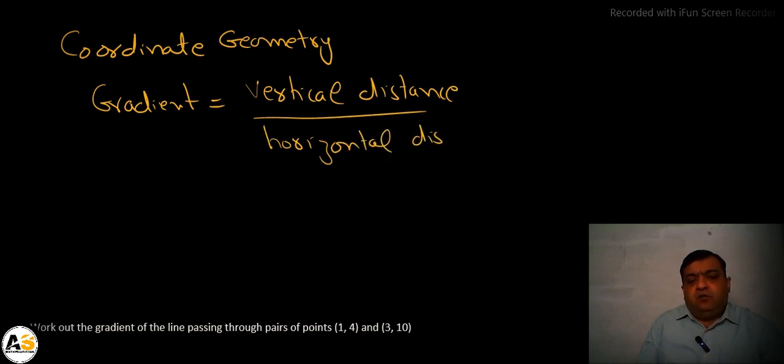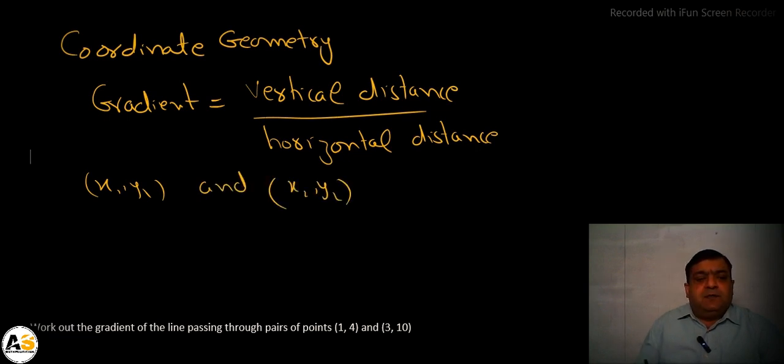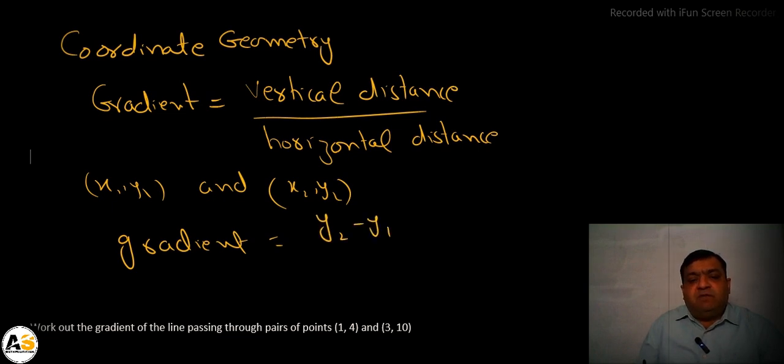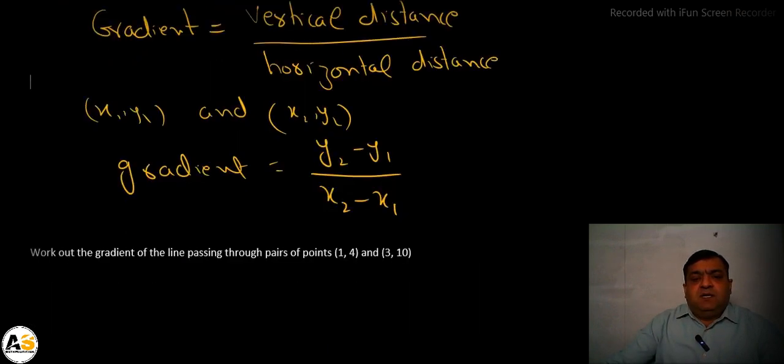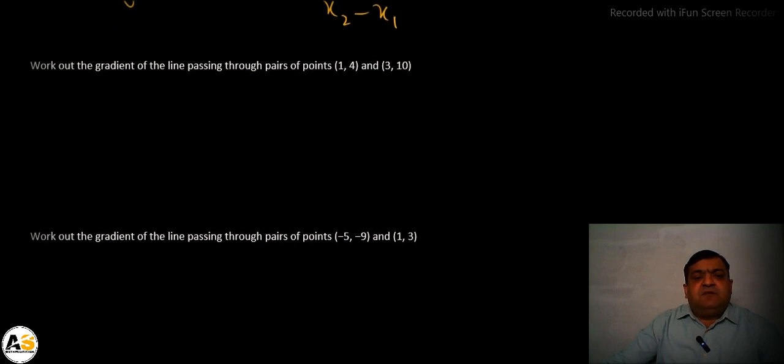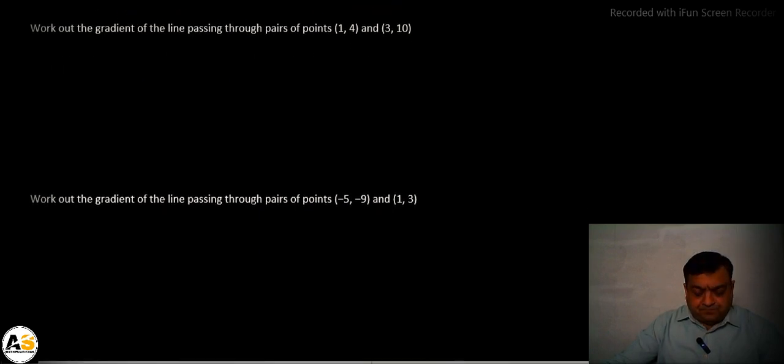If we are given 2 points, say x1, y1 and x2, y2 in the plane, then the gradient of the line joining these 2 points will be: vertical distance is y2 minus y1, and horizontal distance is x2 minus x1. Let us understand this concept with the help of a few examples.